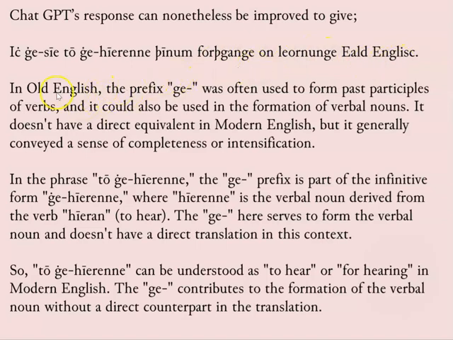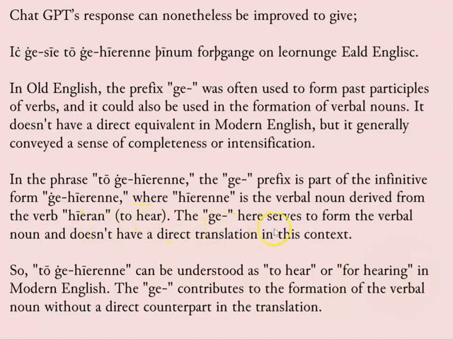That's okay. Let's have a look at the ge prefix, the ġe prefix. In Old English, the prefix ġe, usually a g with a dot above it and the e next to it when I do it on this channel, was often used to form past participles of verbs, and it could be used in the formation of verbal nouns. It doesn't have a direct equivalent in modern English, but it generally conveyed a sense of completeness or intensification. In the phrase tō ġehīrene, now this is ChatGPT telling me this, the ġe prefix is part of the infinitive form ġehīrene, where hīrene is the verbal noun derived from the verb hīran, to hear.